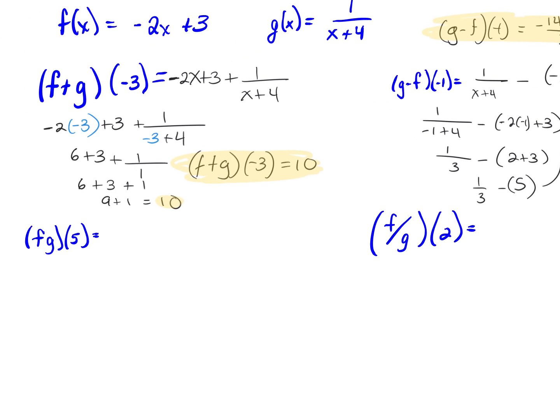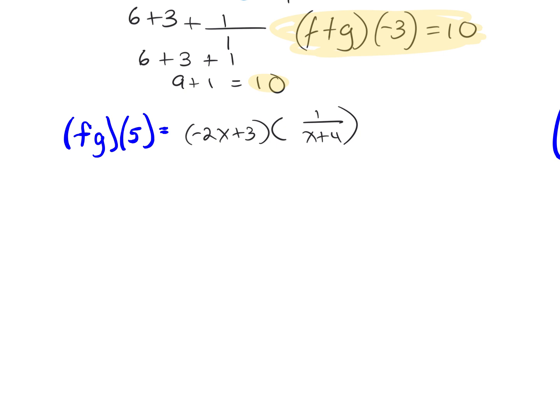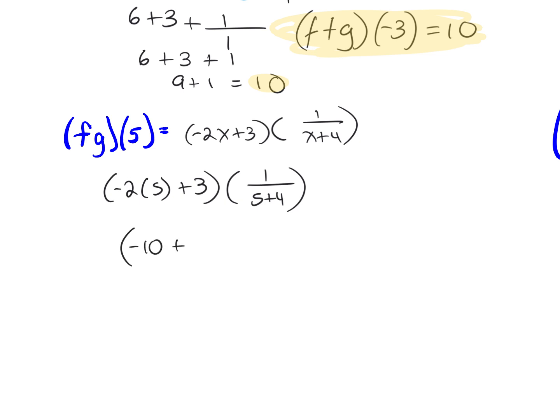I'll go ahead and do the third one. So it's going to be F first. So it's going to be negative 2x plus 3 times 1 over x plus 4. Now every time there's an x, like we've been doing, I will plug in a 5. So it's going to be negative 2 times 5 plus 3, and then times 1 over 5 plus 4. That's going to give me negative 10 plus 3, and then 1 over 9.